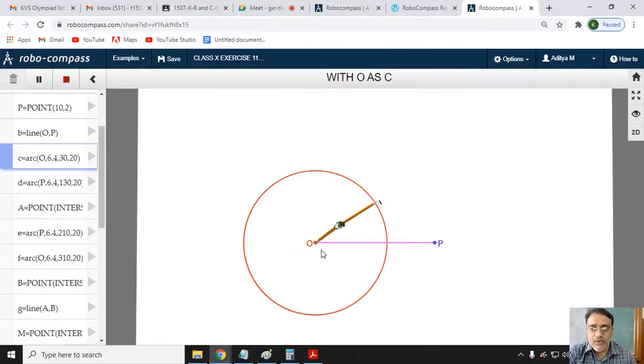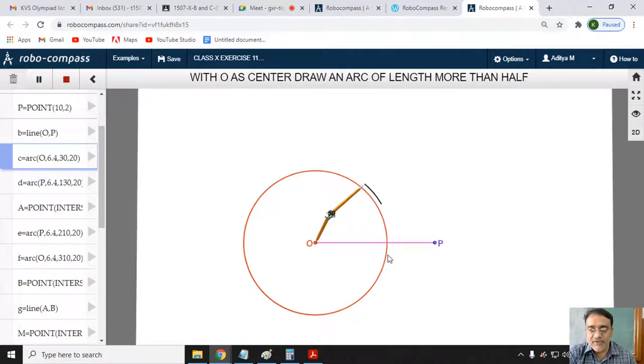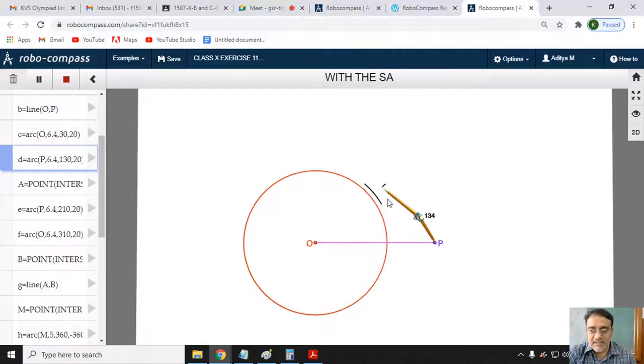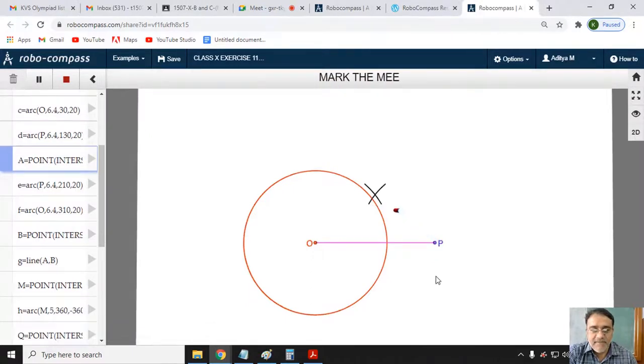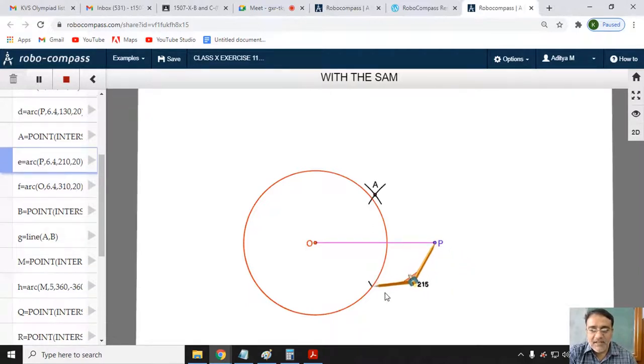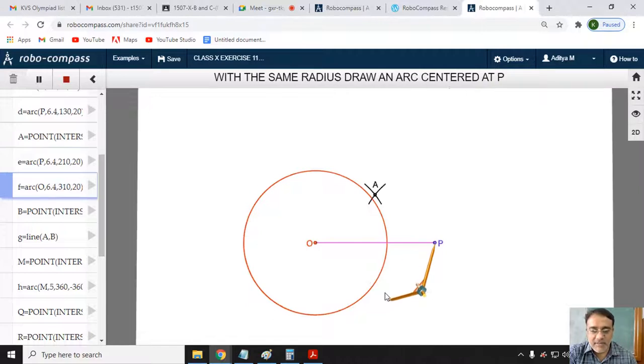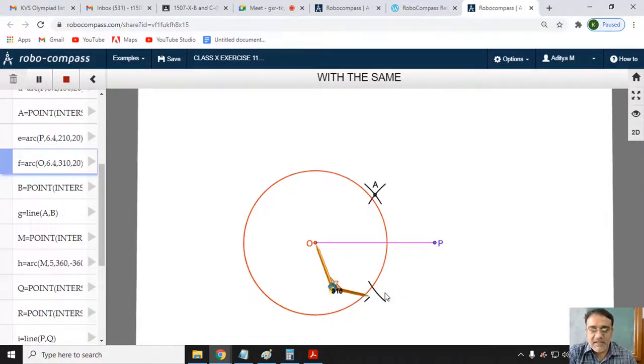So with center O and radius more than half of OP, we have to draw arcs from both sides. Both sides with center O and P. Okay, so it will intersect at point A. This point is A, and on the other side also we are going to draw two arcs with same radius, and they will intersect at point B.